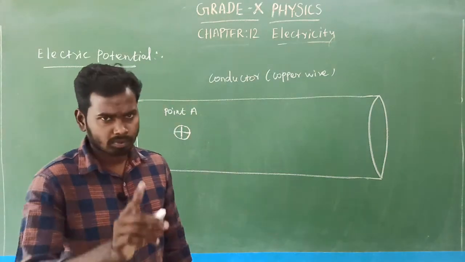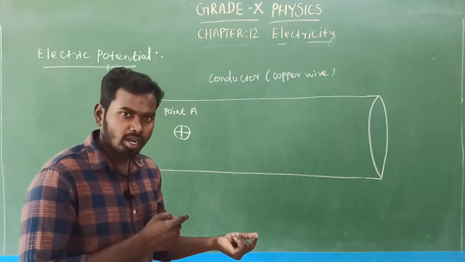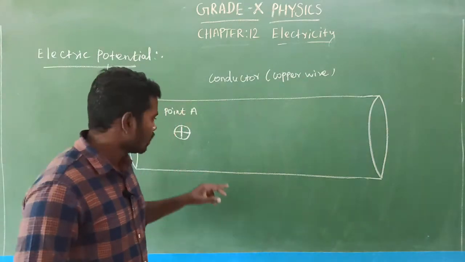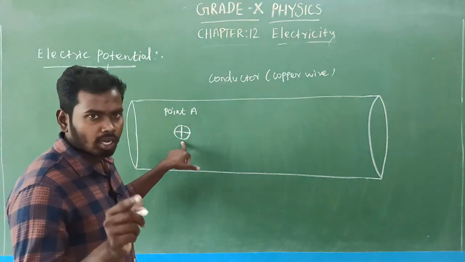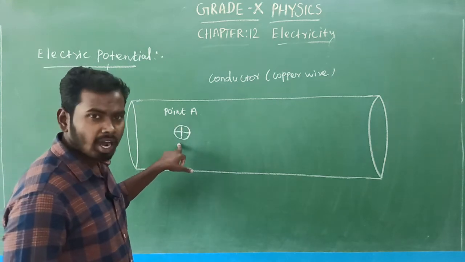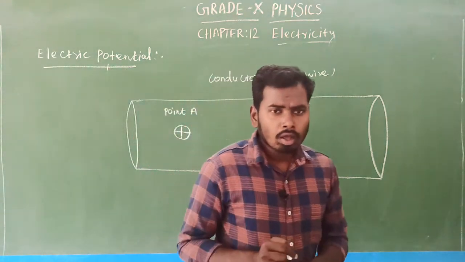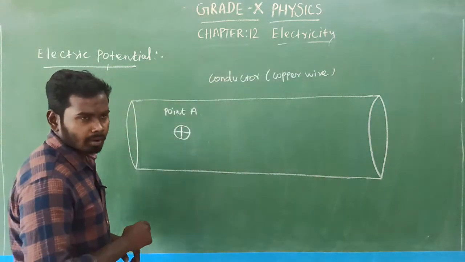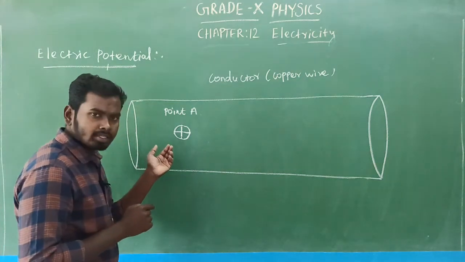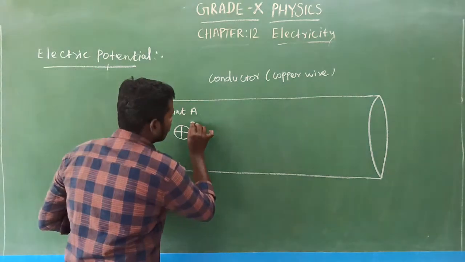You consider a single positive charge placed at point A. Look at here. Whenever a charge is there, it creates an electric field around it, like this.